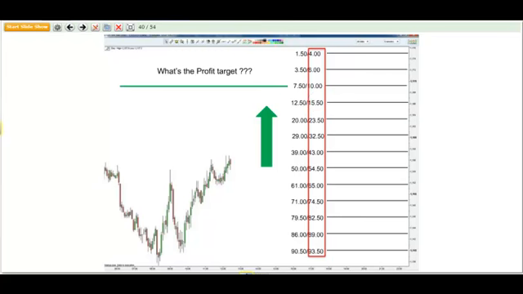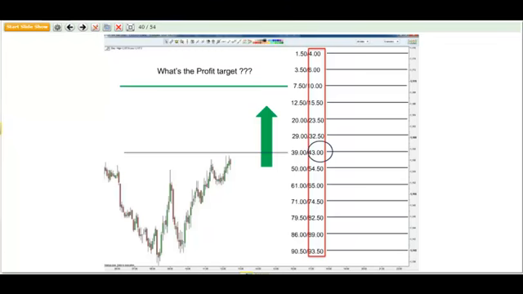Another way to look at it is out-of-the-money calls, at-the-money calls, in-the-money calls. It's really about your opinion of the underlying, and which cost to return makes sense to you.